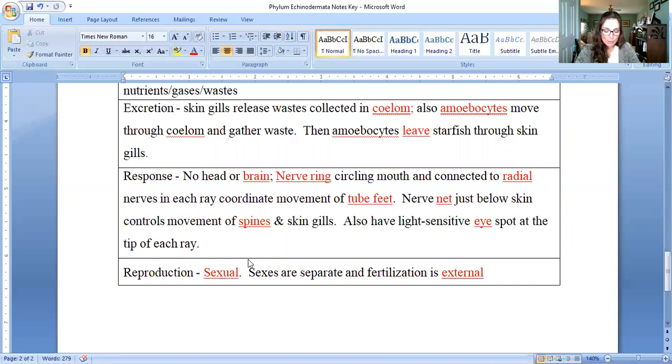And what I want to do now is just to point you to how we're going to do the dissection. I'm going to assign a couple of videos where a biologist from South Dakota, I think it's South Dakota State University, is dissecting a starfish. As you watch those videos, I want you to fill in a handout that will help you pick out the important points of the video.